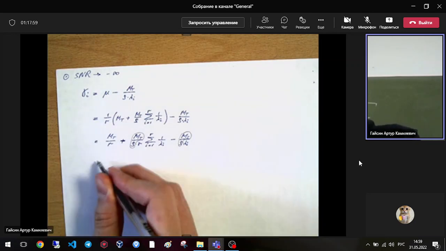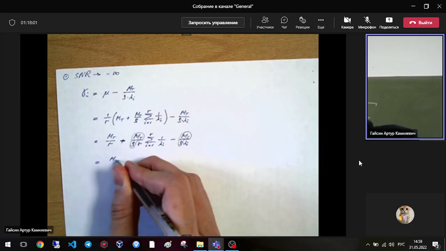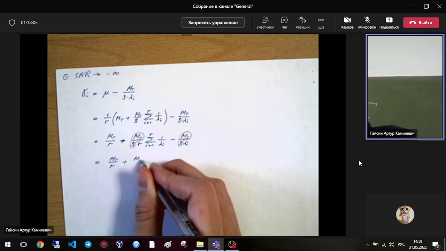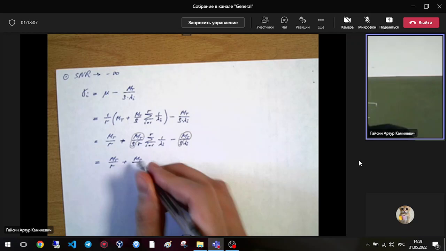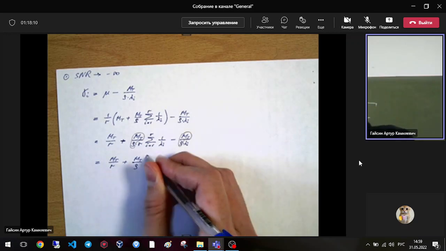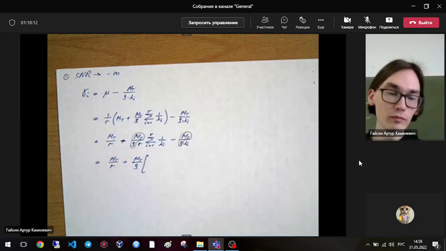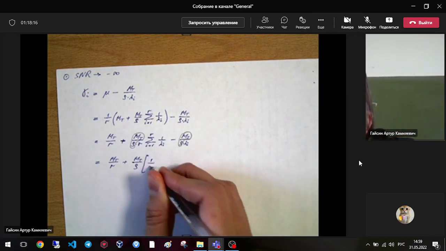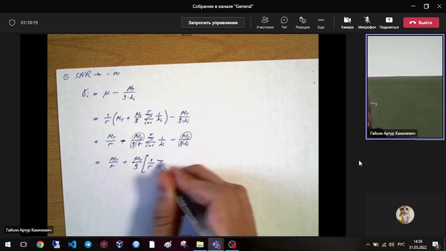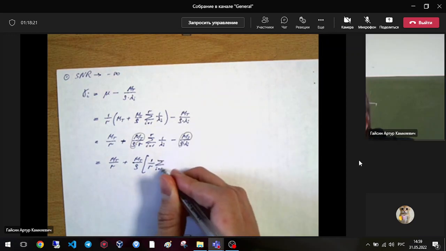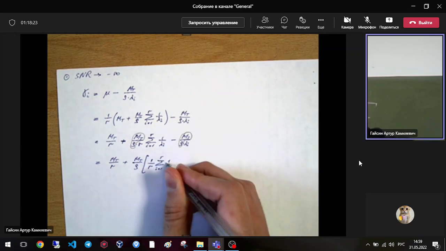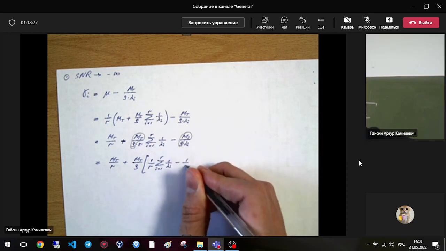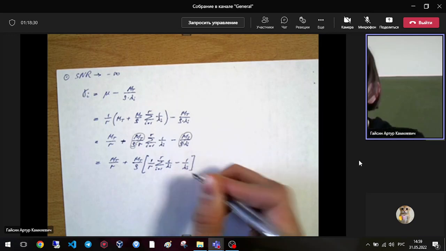So it is first MT divided by the rank, then plus MT divided by signal to noise ratio. And inside the braces we have 1 divided by R, sum of all eigenvalues, minus 1 divided by eigenvalue.